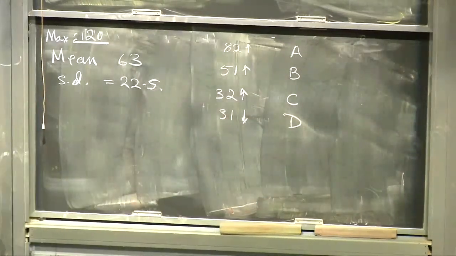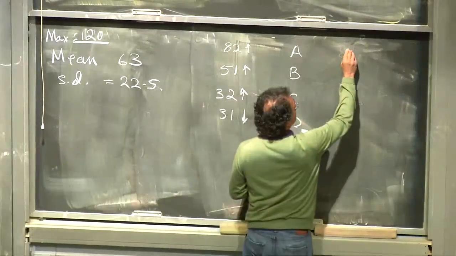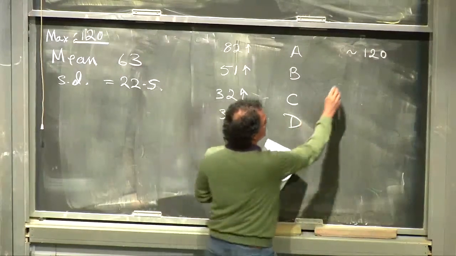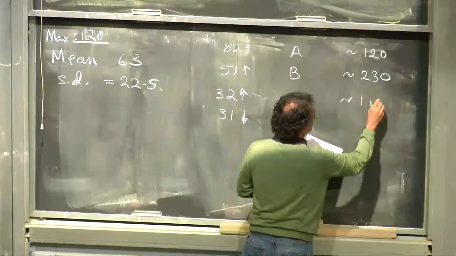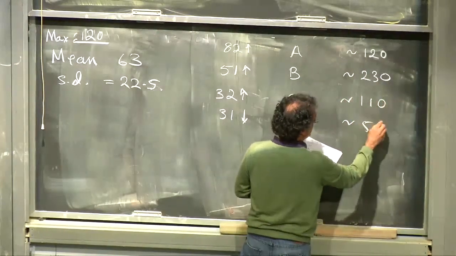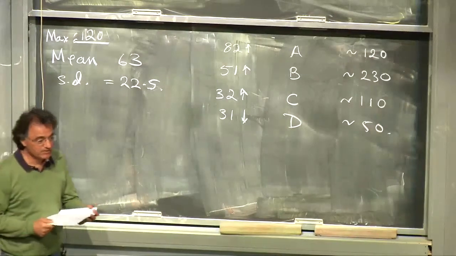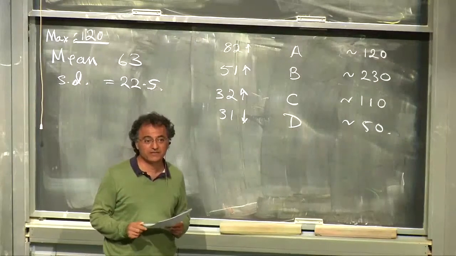Okay. What does this mean in terms of distributions? Well, there were roughly 120 of these, roughly 230 of these, roughly 110 of these, and roughly 50 of those. So that's one way of looking at how you did.